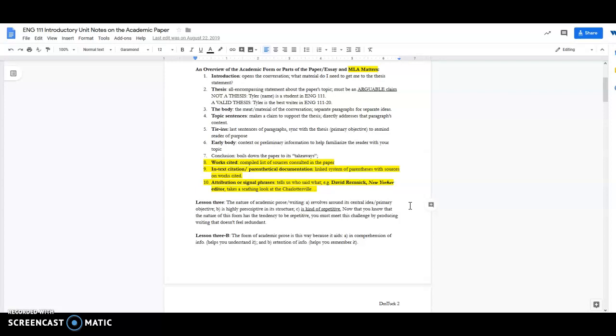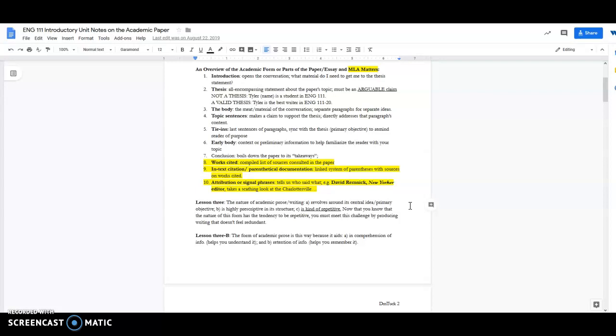As you can see, there's a lot of syncing the writing together so that you create a cohesive unit. And the point of all this, Lesson 3B: the form of academic prose is this way because it aids A, the comprehension of information, helps you understand it, and B, the retention of information, helps you remember it.